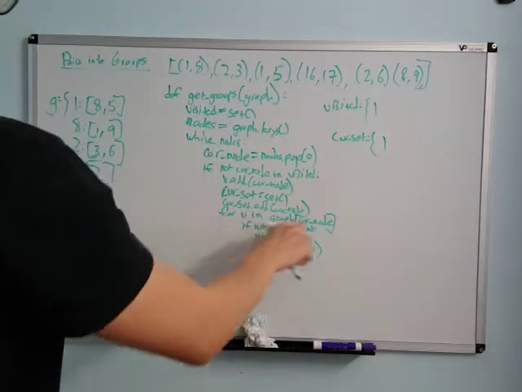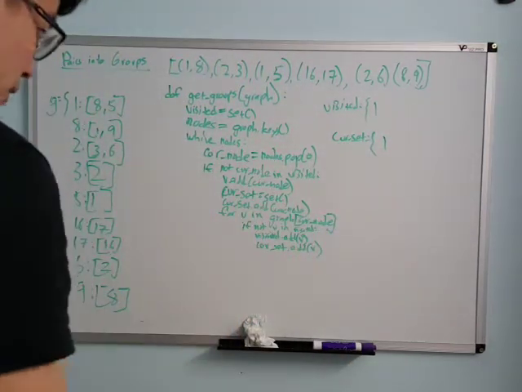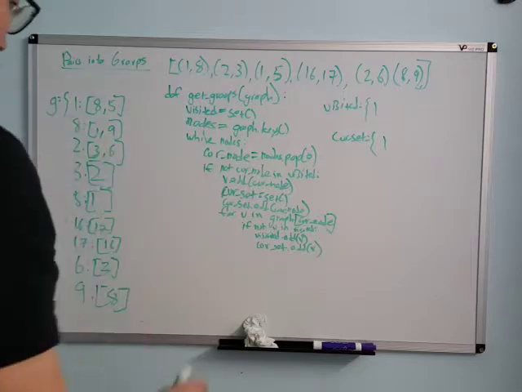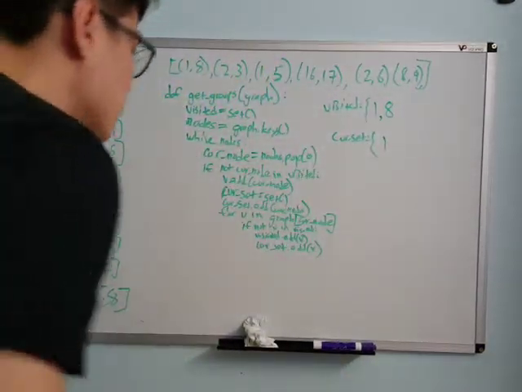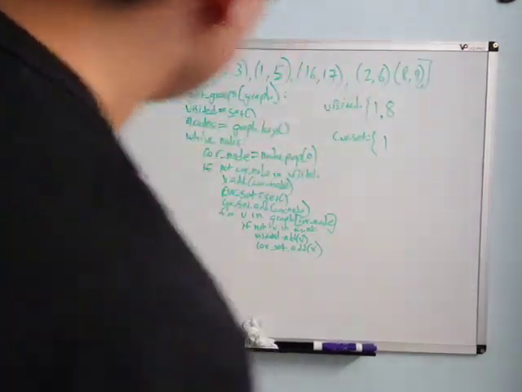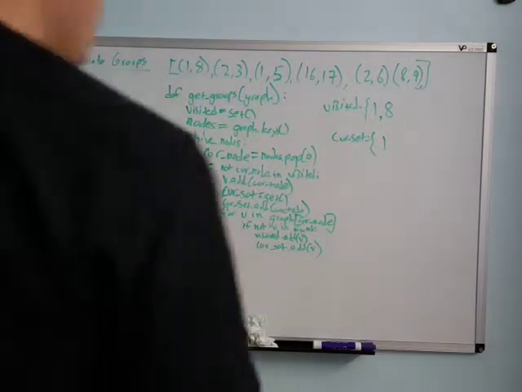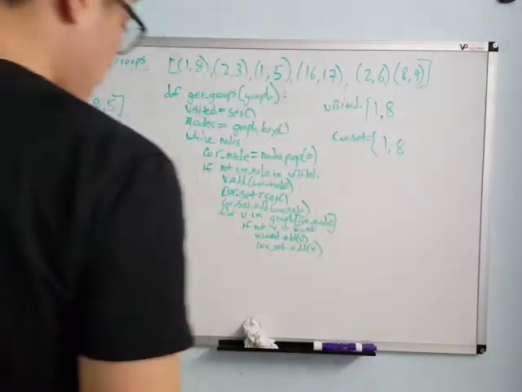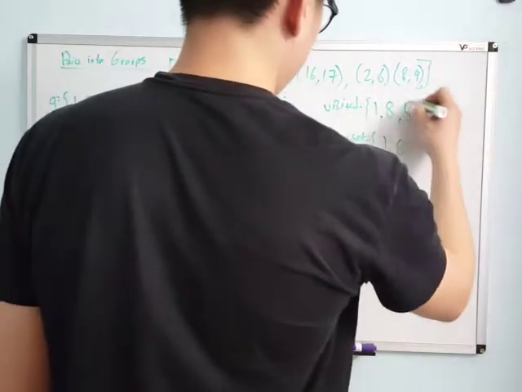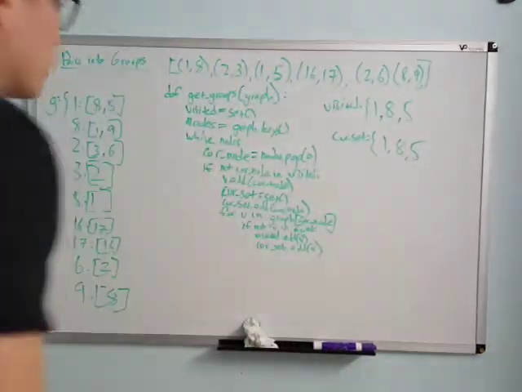For v in graph of 1, 8 and 5: if not 8 in visited, we'll add it to visited and also to the cur set. And then we will do the same for 5. So I think there's a problem here.